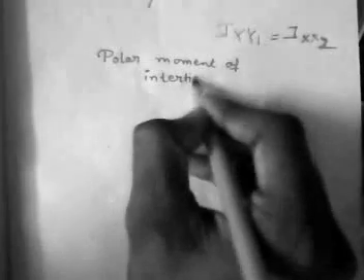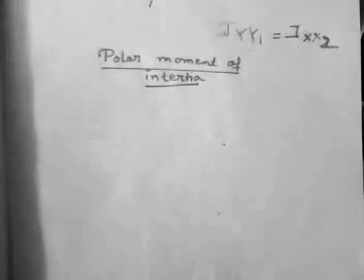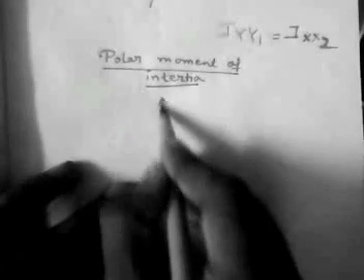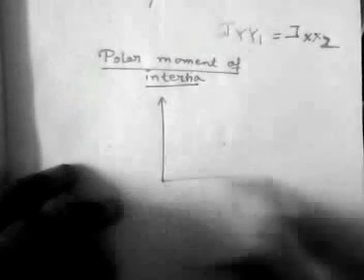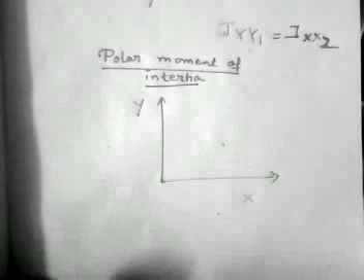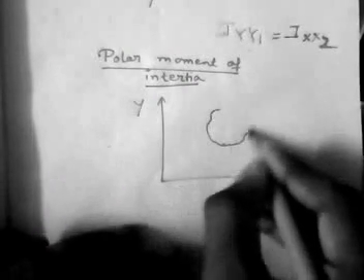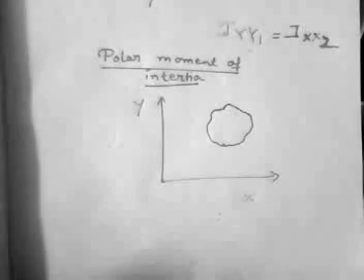Another thing we want to define, a very important parameter, is called the polar moment of inertia. Before going into detail on what the polar moment of inertia is, I have to draw the axis system again.